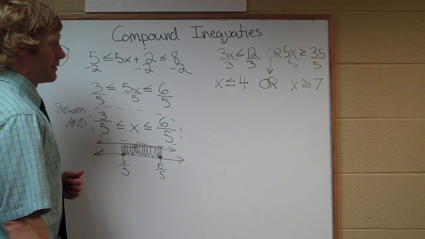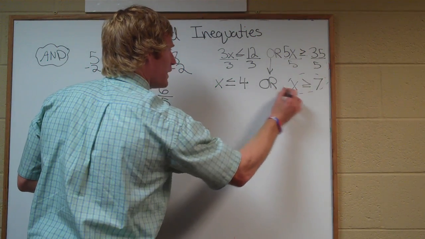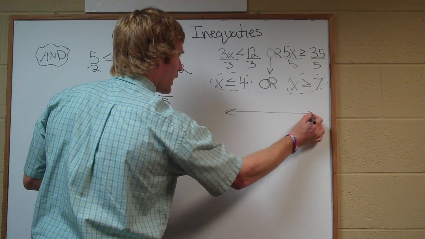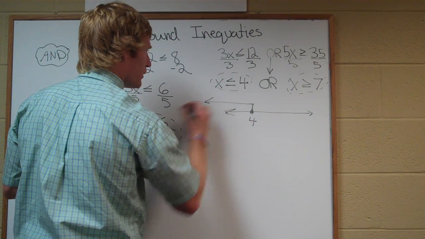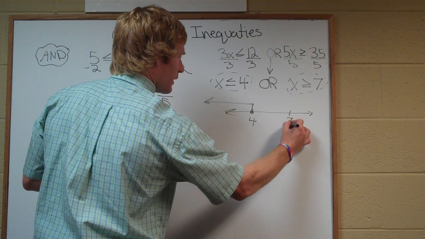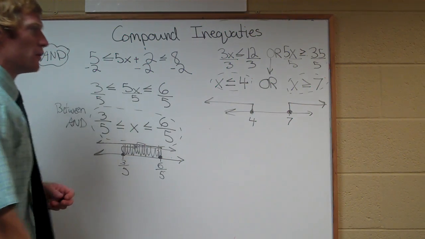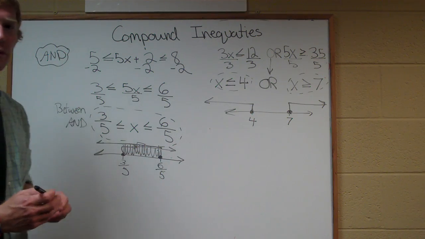I'm sorry, greater than or equal to 7. So after I solve each piece, I'm going to graph these on my number line. So I know x is less than or equal to 4, and x must be greater than or equal to 7. Knowing the difference between the two is crucial.